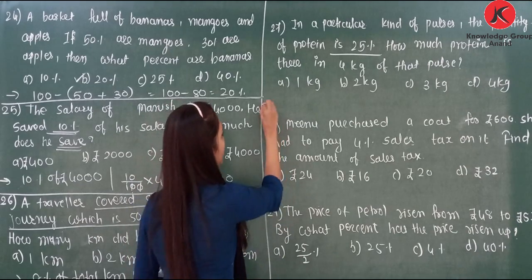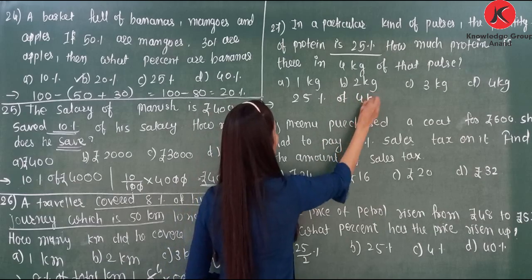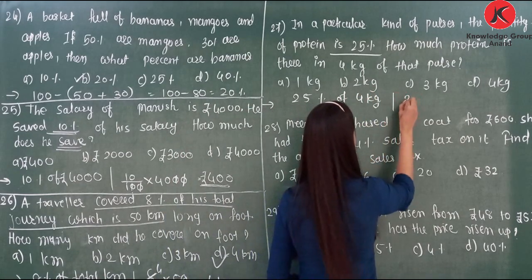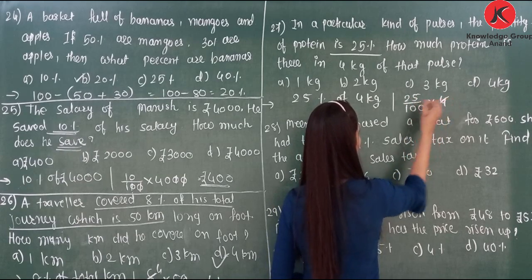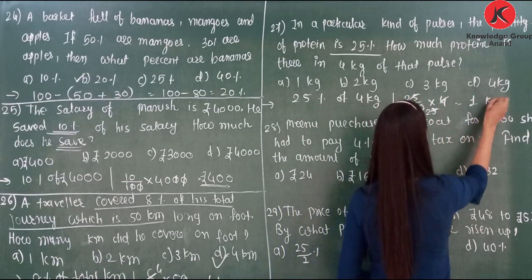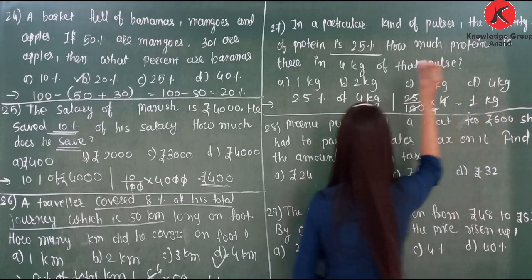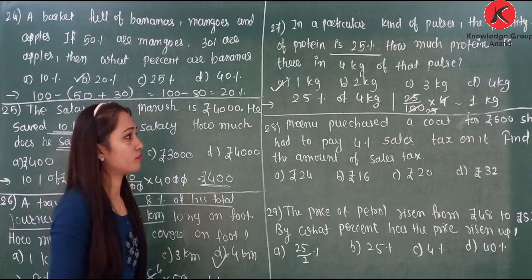So we can write 25% of 4 kg. So it is 25 divide 100 multiply 4. 25 4s are 100, so it is 1 kg. So if we are considering 4 kg, then in that, 1 kg will be protein.